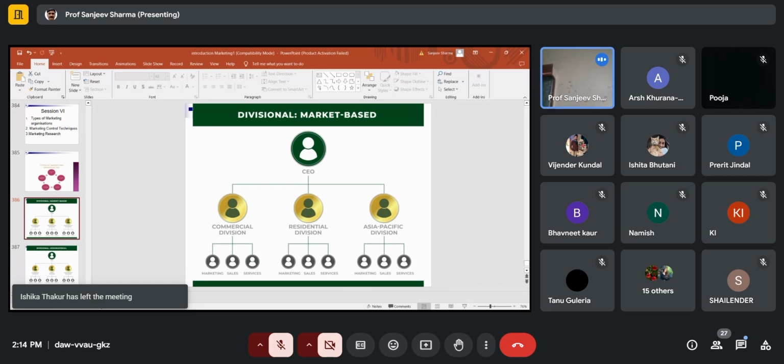Let's take a simple example here. Let's take the example of a company that has one project in Ludhiana, has another project in Amritsar, has another project in Panipat.